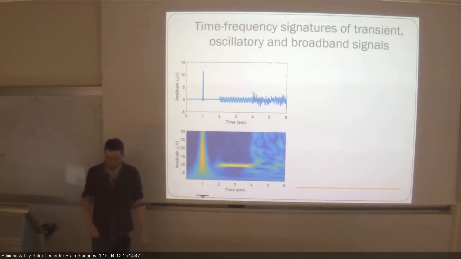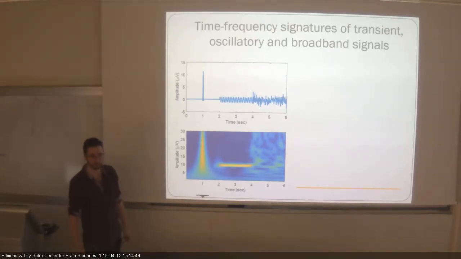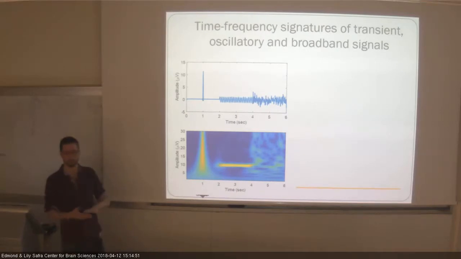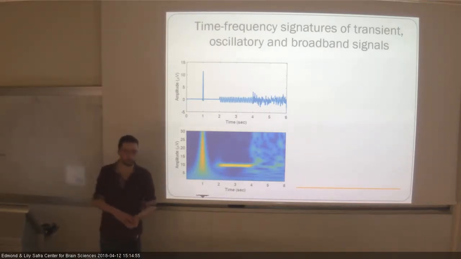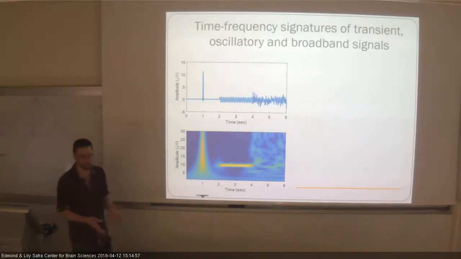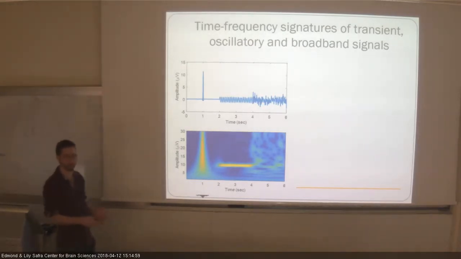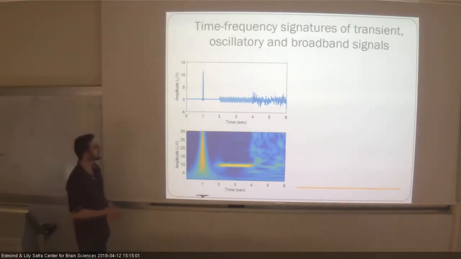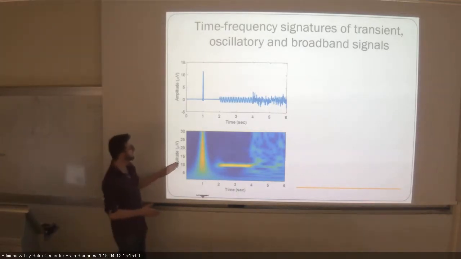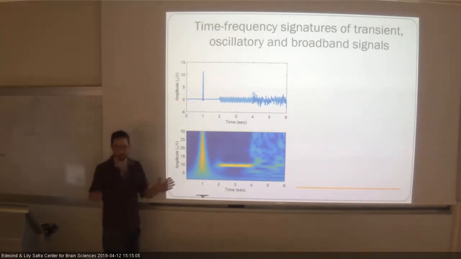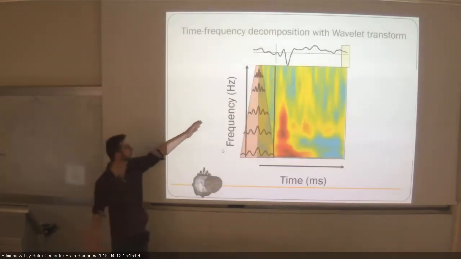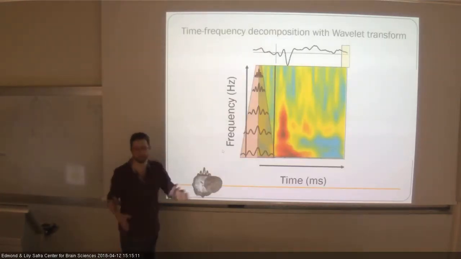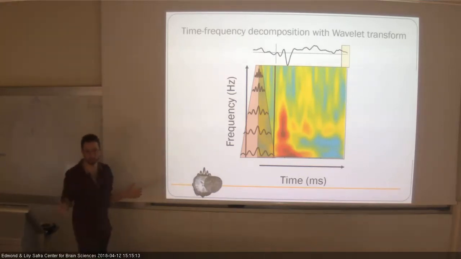Okay. Something important I forgot to mention about the wavelet transform. The important difference between the wavelet transform and the short time Fourier transform, because again mathematically they're basically the same, is that the wavelets have a different width, or duration, which you can see here.